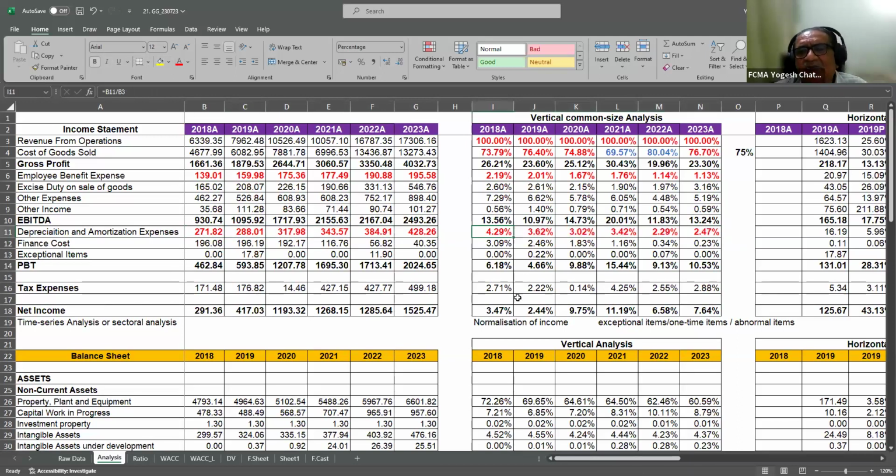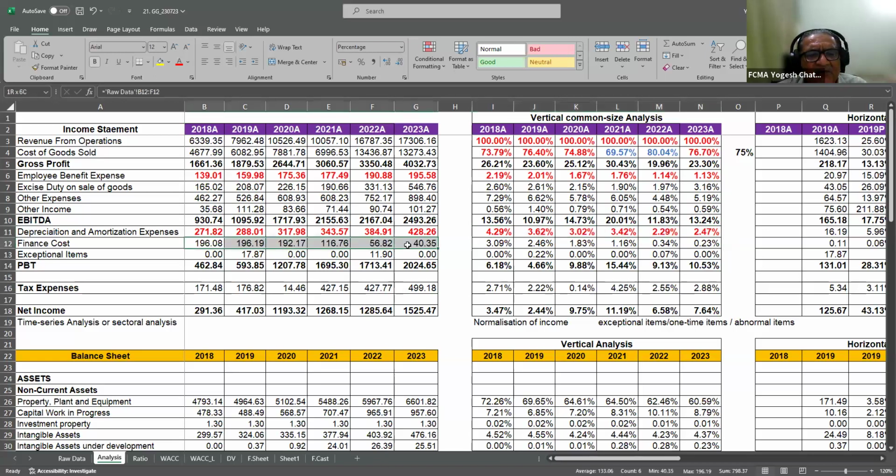That reflects our conclusion that the company is automating its processes, and therefore even the machine requirement, that is the non-current or tangible asset requirement, is also getting reduced. And we can cross-check that from the balance sheet.